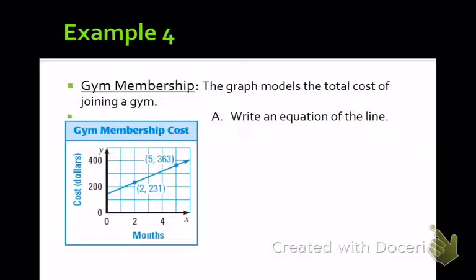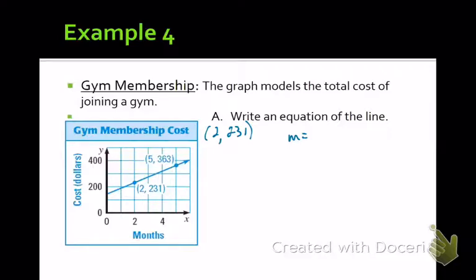We actually have 2 points. One of the points in our line is 2 comma 231. If I had a slope, then I can go back to plugging in the slope and that point into the slope formula and gain the equation of the line that way. So let's go find the slope.